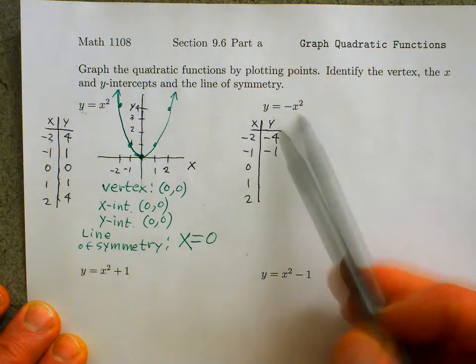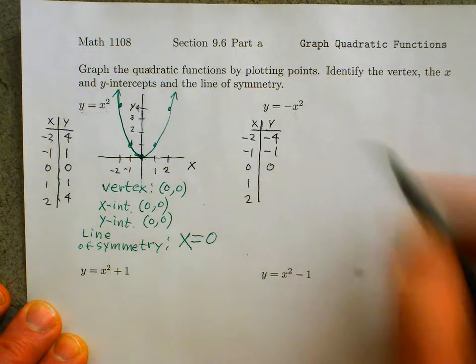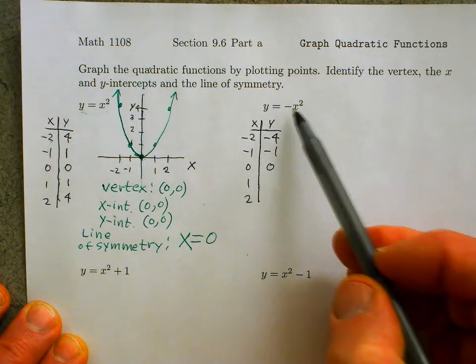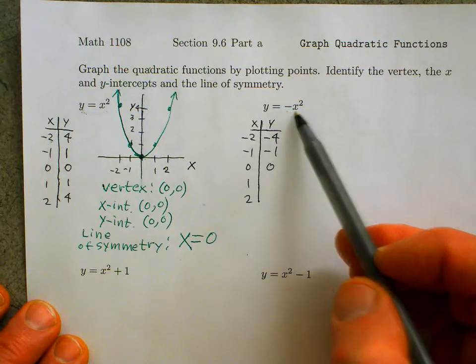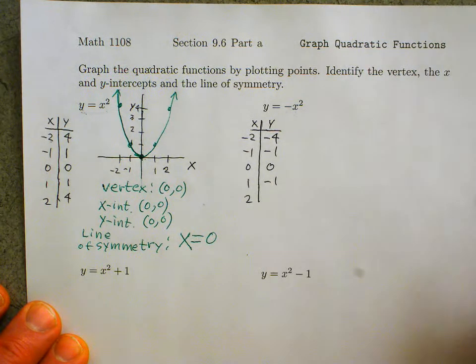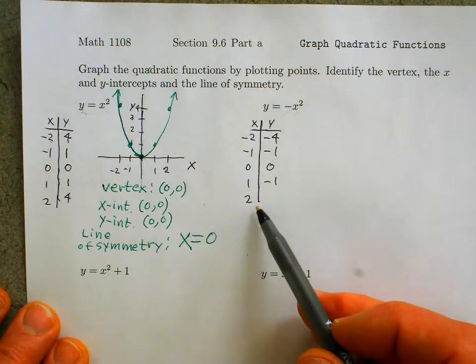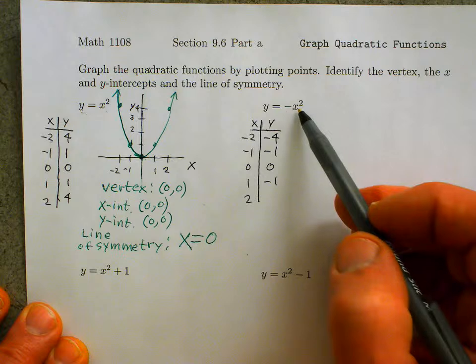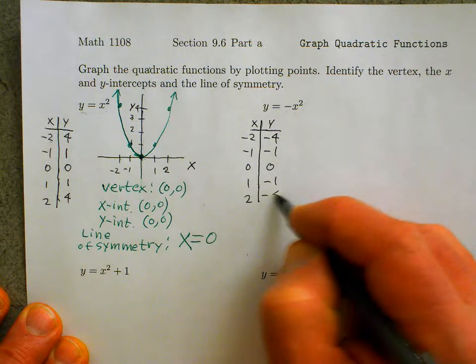When x is 0, the y-coordinate is 0. When x is 1, the y-coordinate is -1. And when x is 2, the y-coordinate is the negative of 2 squared, or -4.